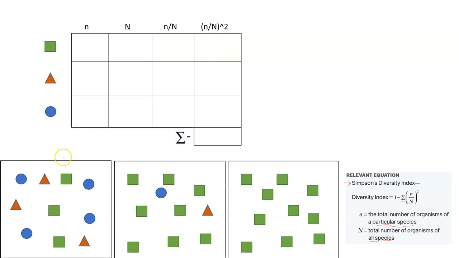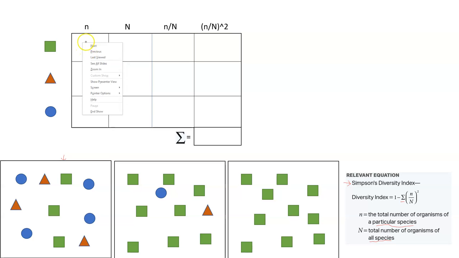So let's go ahead and look at this first community. We'll call it Community 1. Let's try and calculate how diverse this community is. Little n is the total number of organisms of a particular species. So how many total green squares do I have here? You should come up with 3.